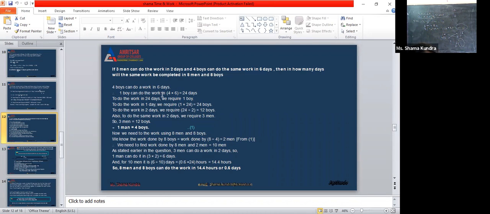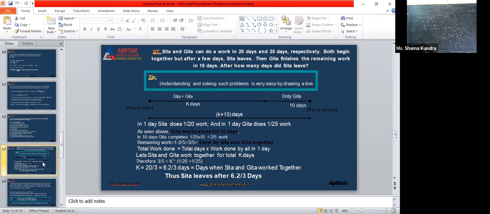So one boy can do the work in 4 into 6, which means 24 days. Now to do the work in 2 days, we require 24 boys. So in 2 days, the number of boys will be less. It will be 12 boys. You can do it like this or what I have solved on the board. Now moving on to question number 7.